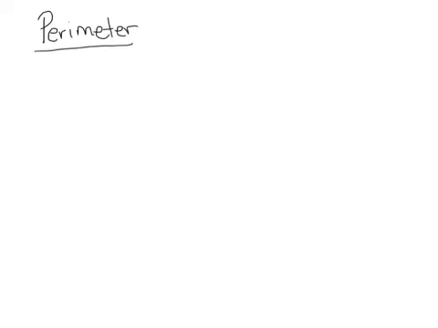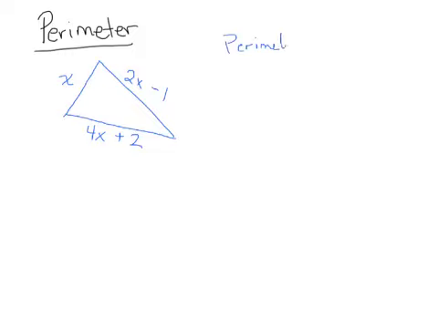Anytime I deal with perimeter, I'm dealing with the distance around an object. So if, for example, this is x, this is, say, 2x minus 1, and this is 4x plus 2, and I say the perimeter of the triangle is 22.